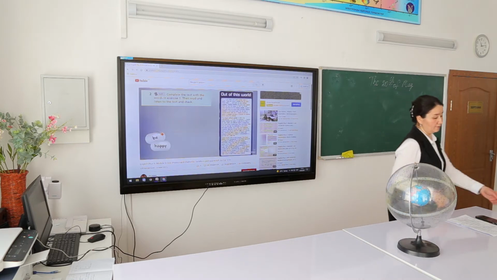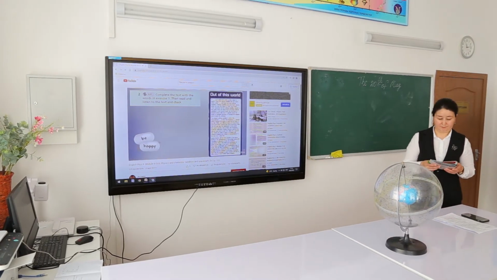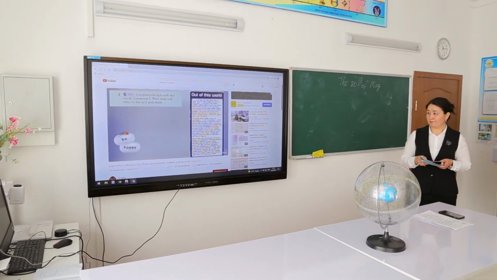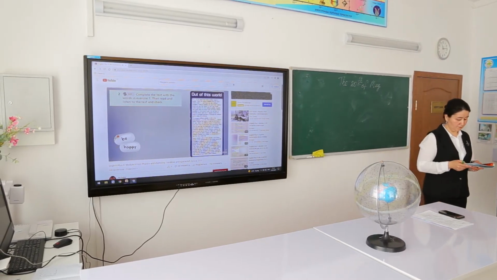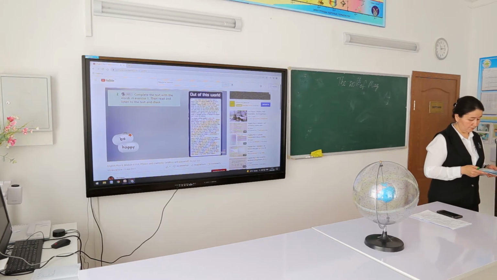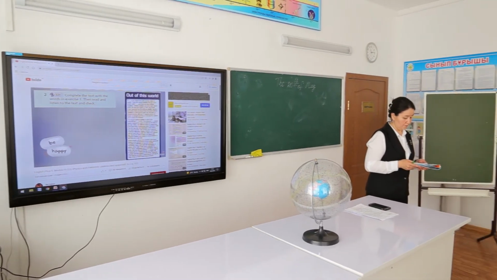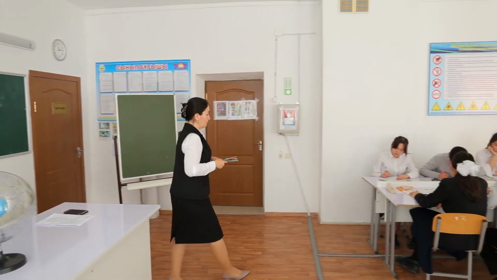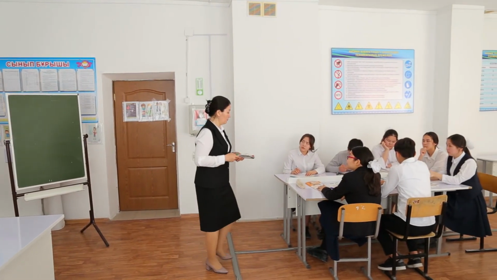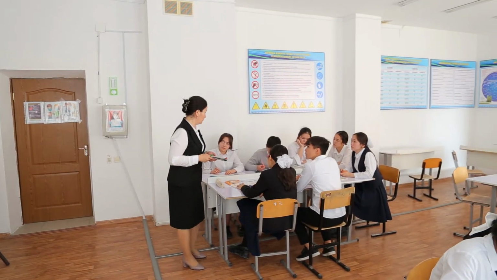Out of this world. A satellite is an object that orbits another object in space. There are natural satellites, like the Moon, which orbits Earth, and there are also artificial satellites. Artificial satellites are man-made objects which are sent into space.